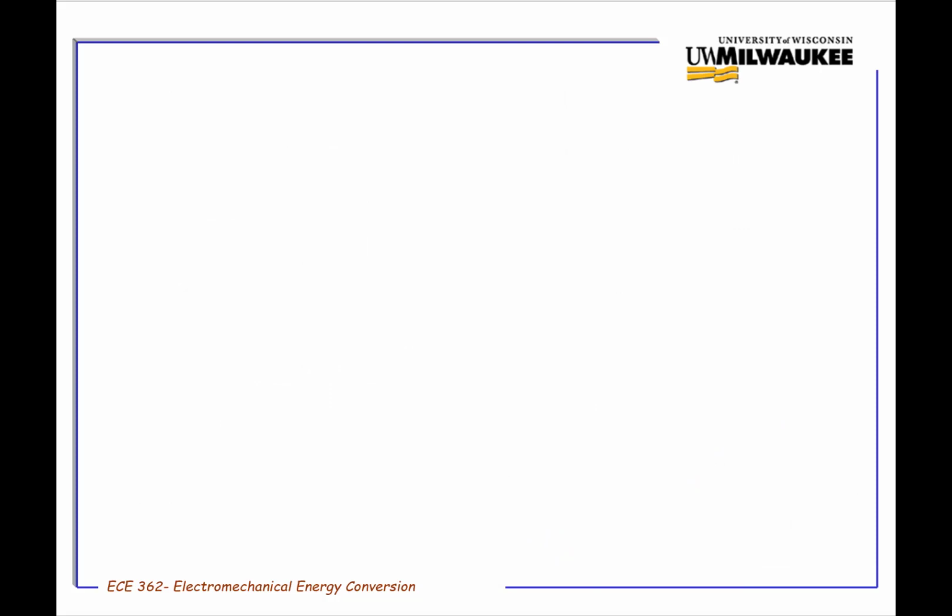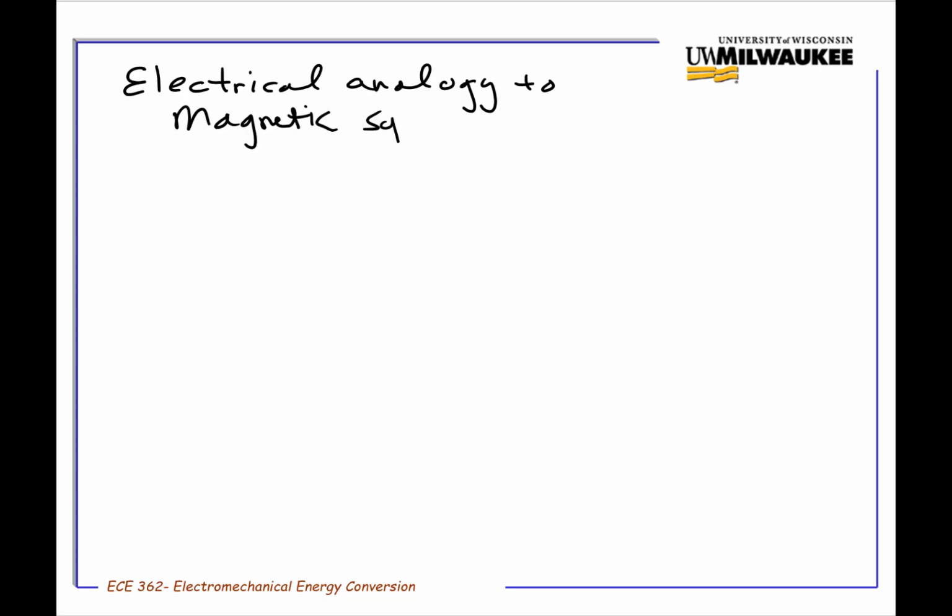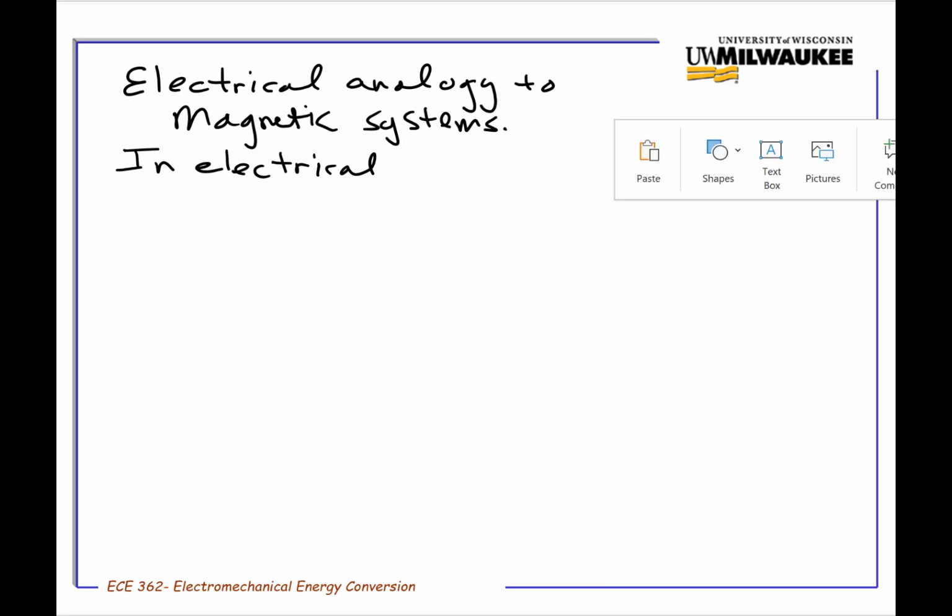So if that's the case, then there is an electrical analogy to magnetic systems. And that electrical analogy uses, in electrical systems, we use circuits.